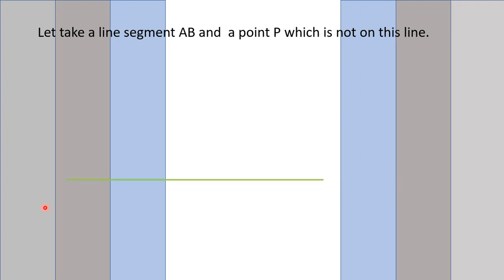So let's start this. Let we have a line segment, let its name be AB, and a point P which does not lie on the line segment AB.